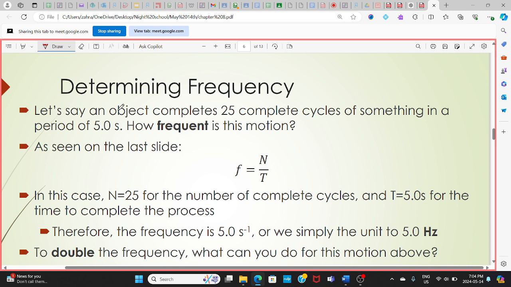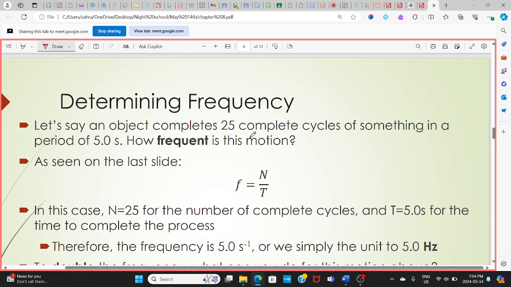So let's say that an object completes 25 complete cycles of something in a period of 5 seconds. How frequent is this motion? Since frequency is number of cycles per time, what would you do?